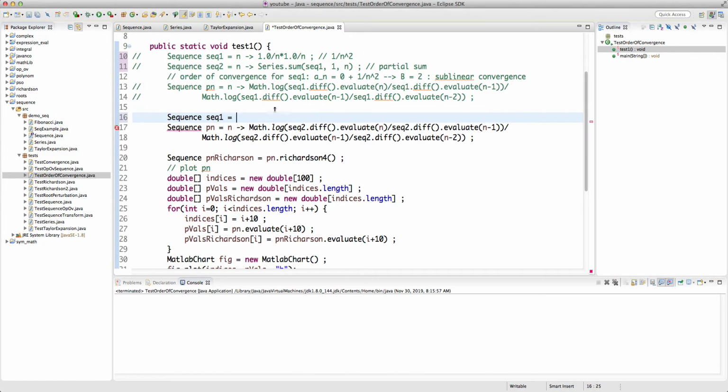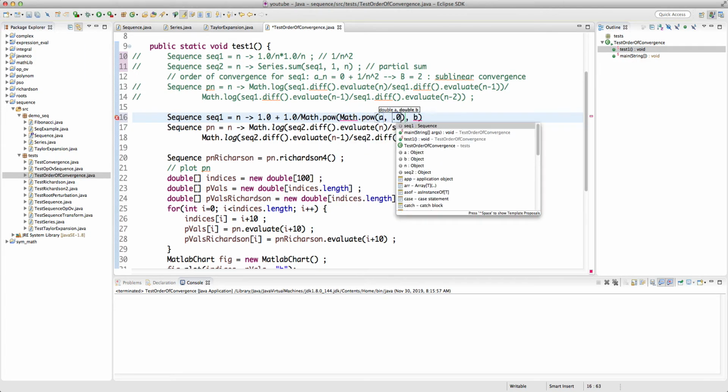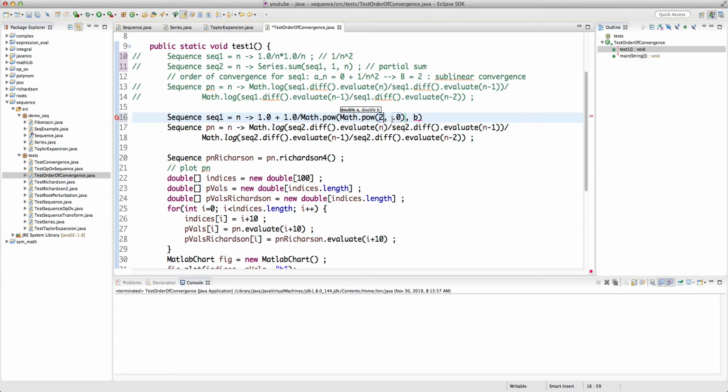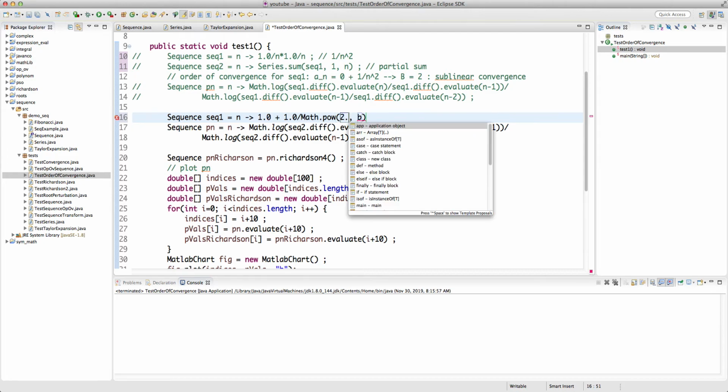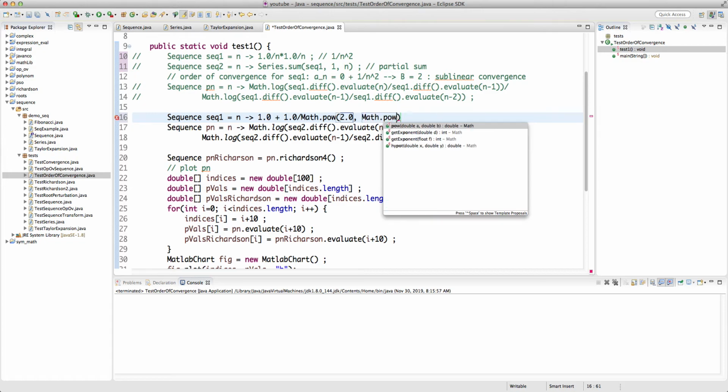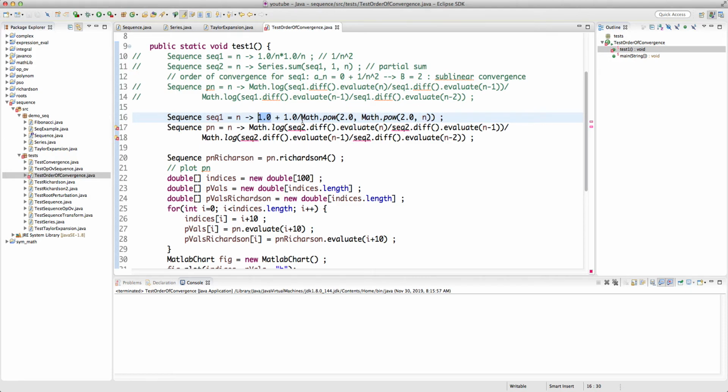So let's create a sequence, for example, n goes to 1 plus 1 over math.pow, actually 2, so we take 2 to the power 2 to the n. Okay, so our sequence has a limit of 1. The error is 1/2 to the 2 to the n, and let's call it seq2, and let's see if this sequence in fact converges to 2.